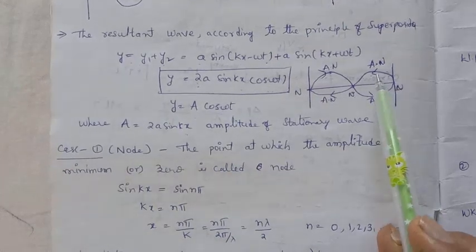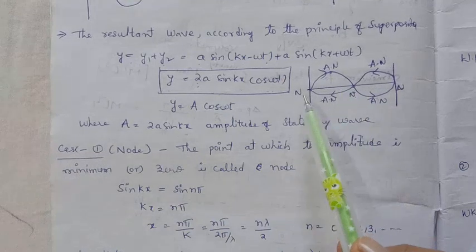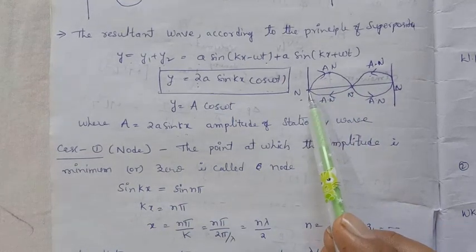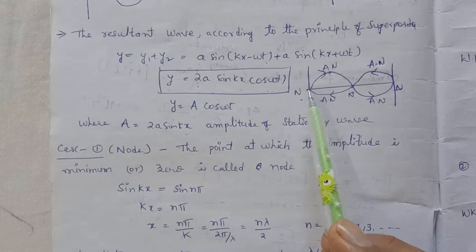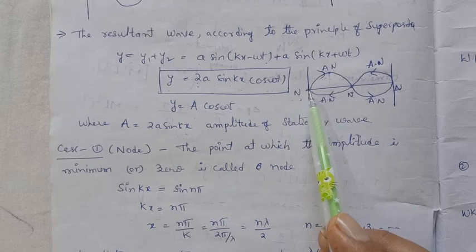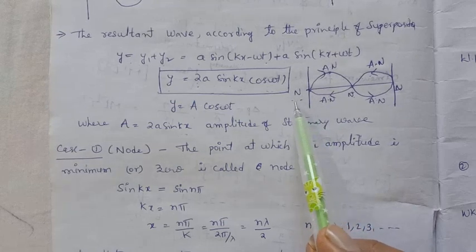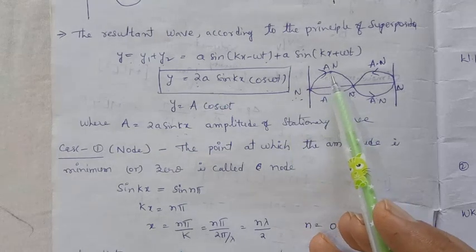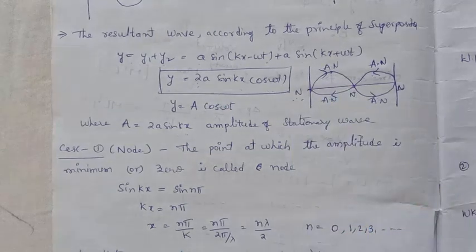So node, antinode, node, antinode, node. Observe from this diagram: where the amplitude is minimum, that point is the node, and where the amplitude is maximum, that point is the antinode.